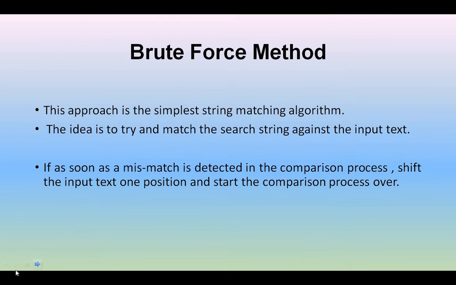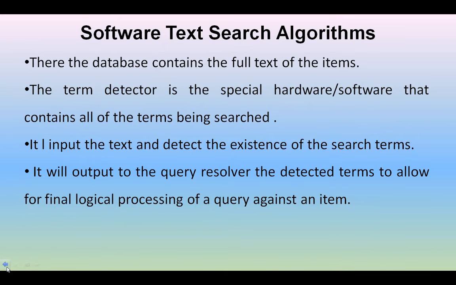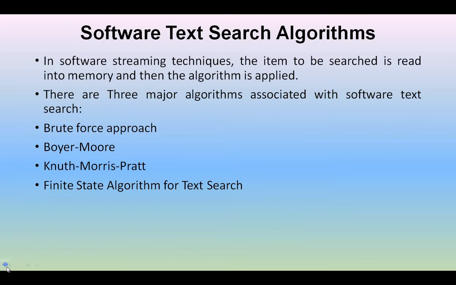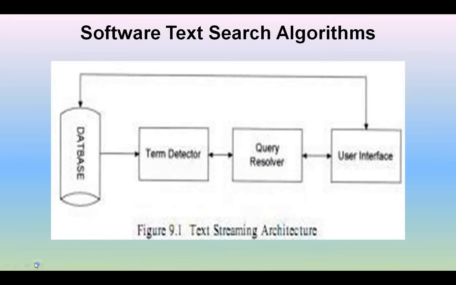Okay, and next we are going to talk about various kinds of methods like the brute force approach, Boyer-Moore algorithm, Knuth-Morris-Pratt algorithm, and finite state algorithm for text search, and all these things. So in this way, this particular architecture will work. Database will store the entire number of the data items. Term detector identifies the terms passed by the user query, and presents those terms to the query resolver.